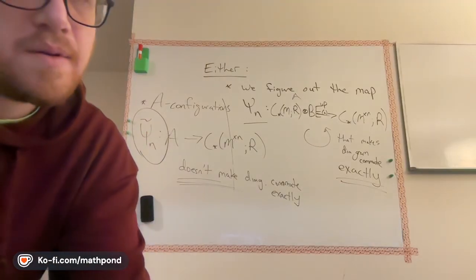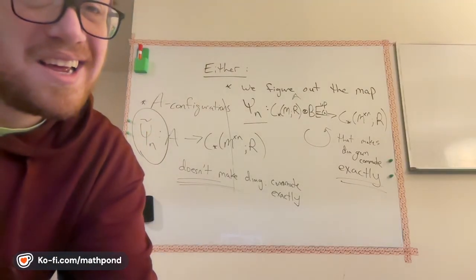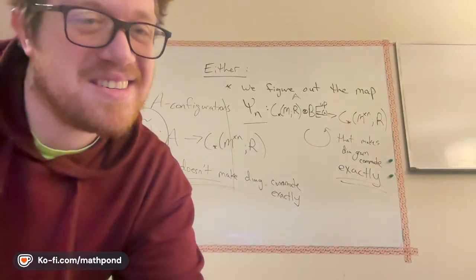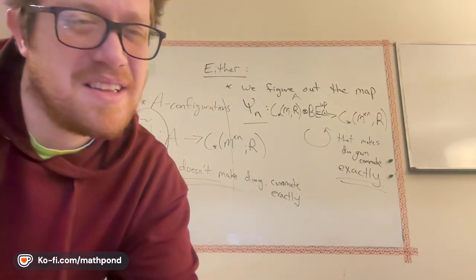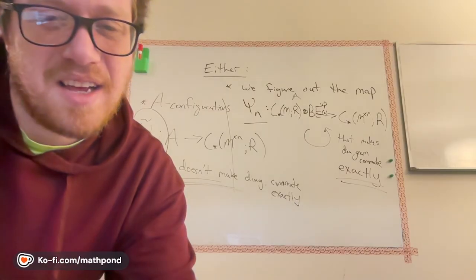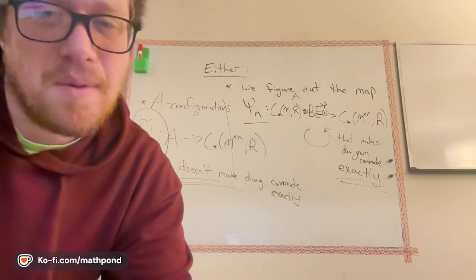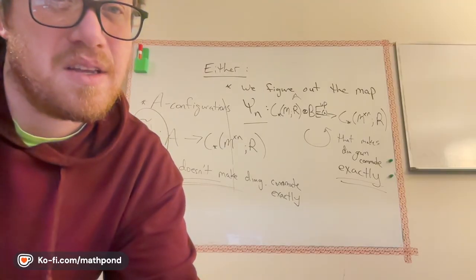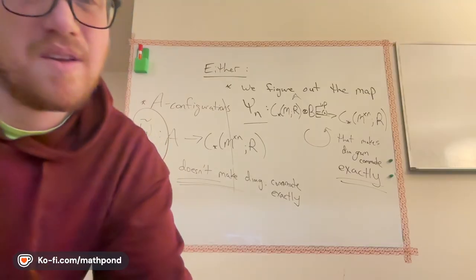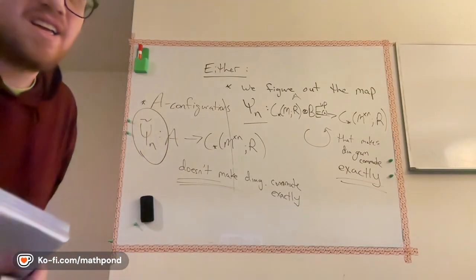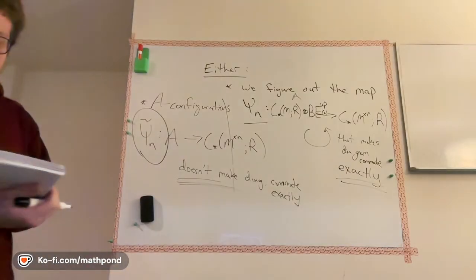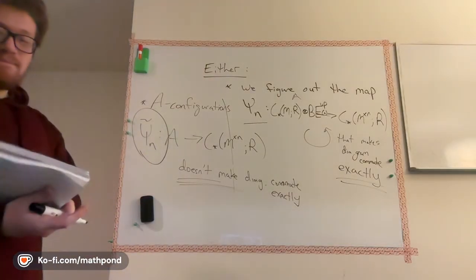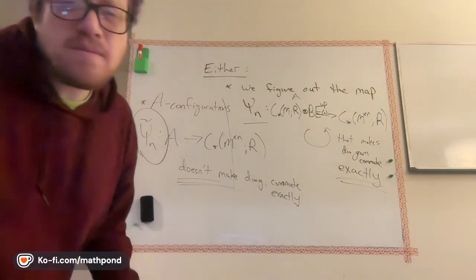Let me try to figure it out. Where's the chat? Or maybe, can you just put it in the general one? Maybe that's easier. I can't even find the chat. Yeah, it's obnoxiously well hidden.